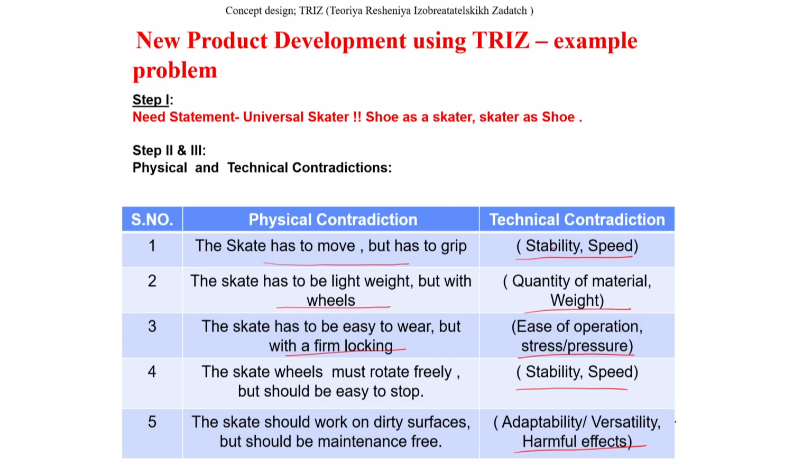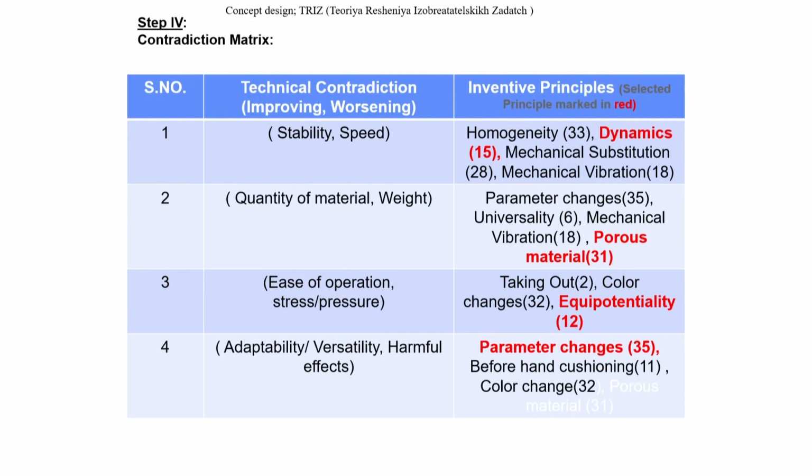Once you do it, then you can go to the TRIZ matrix, and they figured out the principles that people have used to mitigate these contradictions, like 33, 15, 28, 18 for stability versus speed. Similarly, for the other cases, they have been able to figure out the different contradiction principles that you can use.